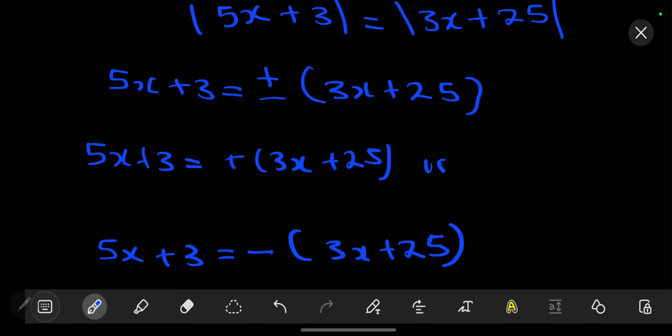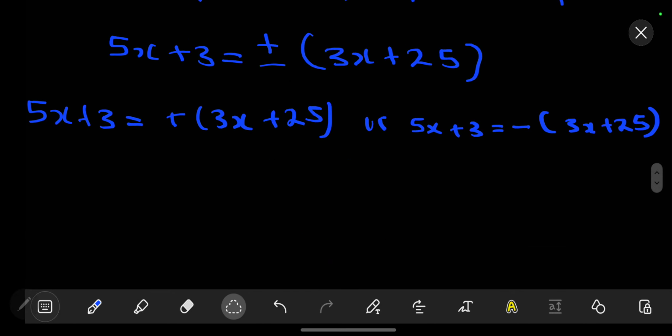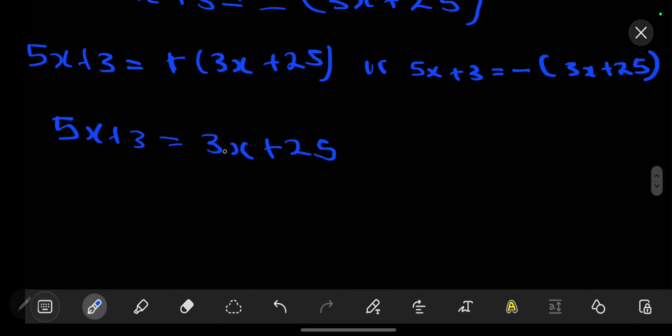Immediately we do this, we can now solve the two sides separately. So we have 5x plus 3 equal to, positive doesn't change anything, so the equation remains 3x plus 25 like that. Then we make the 3 cross the equal sign.